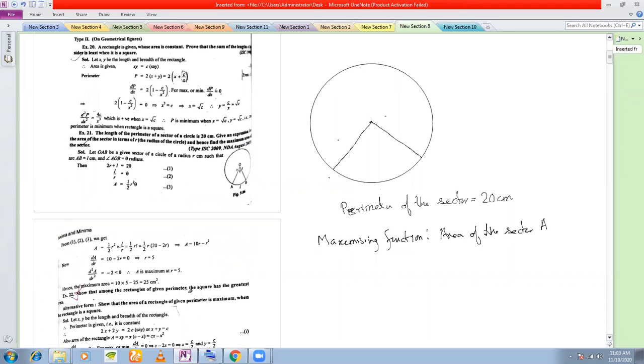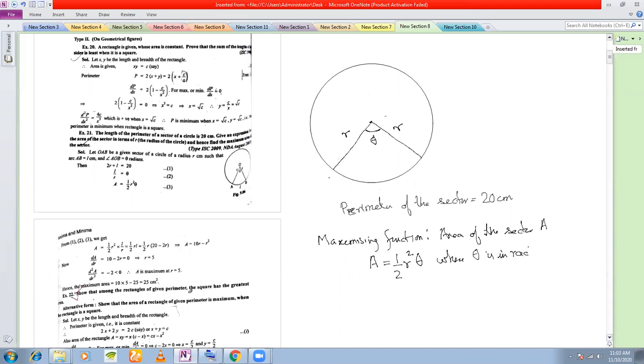If I take the radius of the circle as r, and if I take this angle as theta, then what should be the area of this sector? If you remember from class 11 trigonometry, the area of the sector is half r square theta, where theta is in radians.